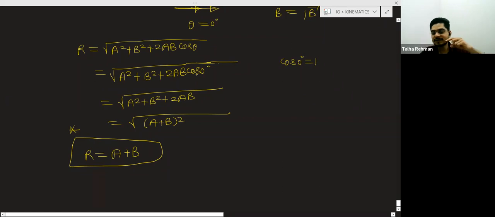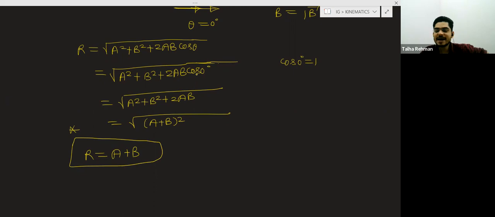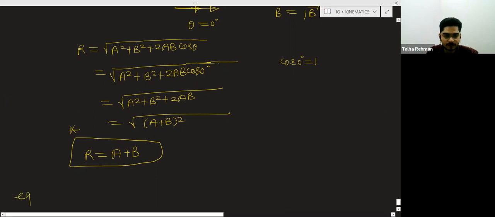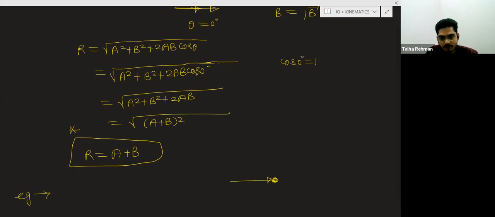It means if two vectors are acting in the same direction, the resultant can be found by simply adding those two vectors. For example, this is a point. At this point, one force of 5 Newton is acting in this direction and another force of 3 Newton is acting in this direction.